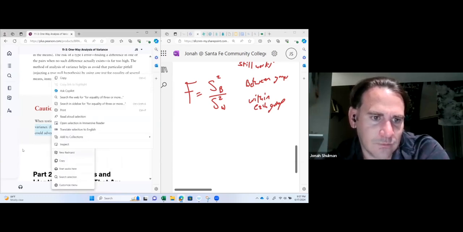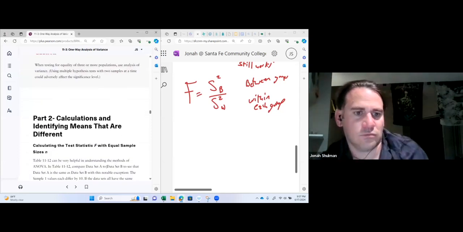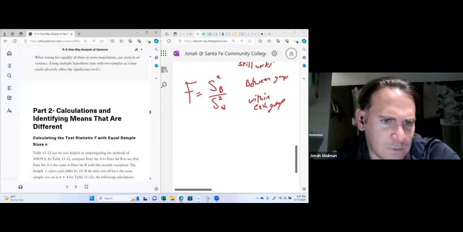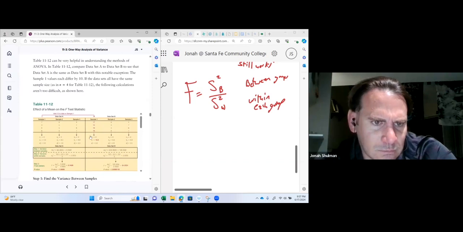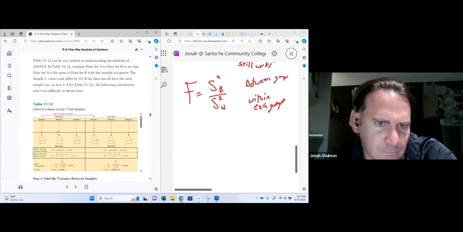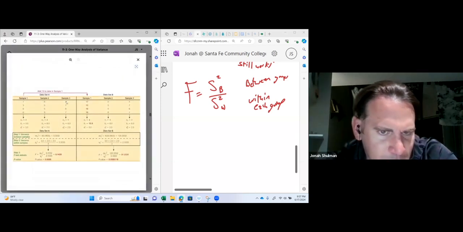All right, let's do it by hand. Here are the calculations. Table 11-12 can be helpful in understanding the methods of ANOVA. See that data A is the same as data B. All right, so we have three samples.